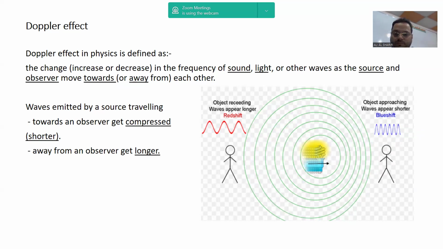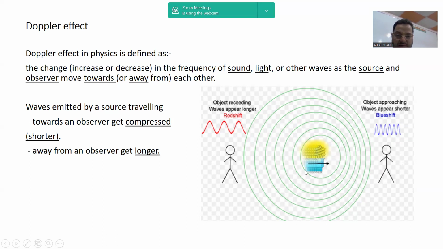Here, like we are looking, the source, let's say it's an ambulance or fire truck, doesn't matter, with some sound. Here we have an observer at the right, at the left we have another observer. What's the difference between them?